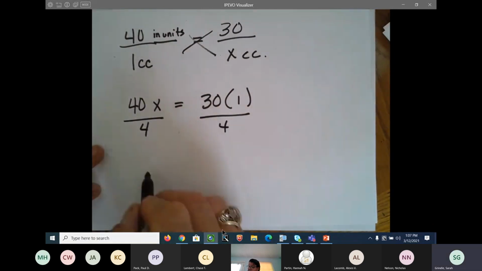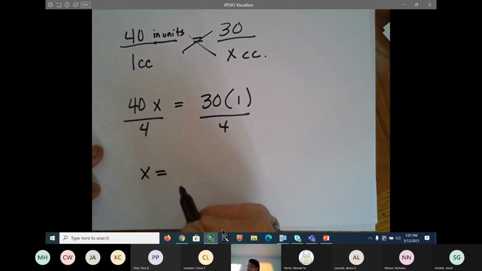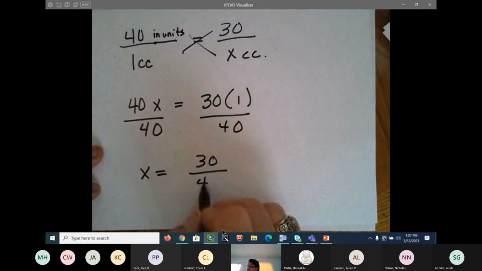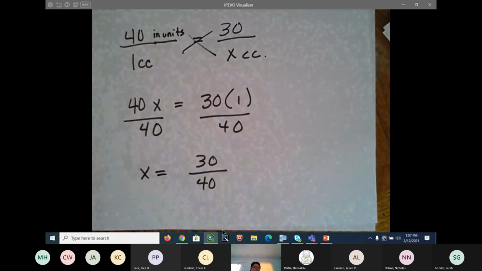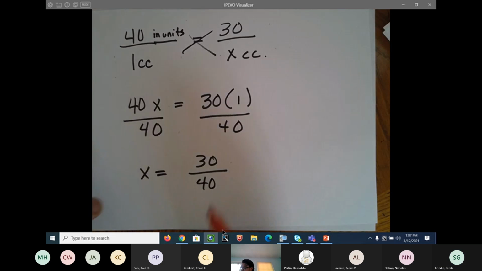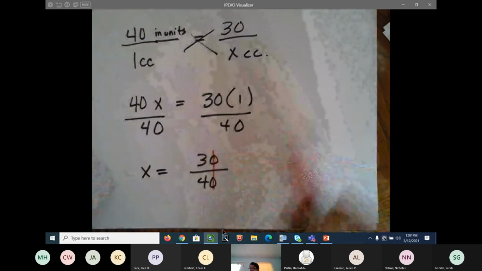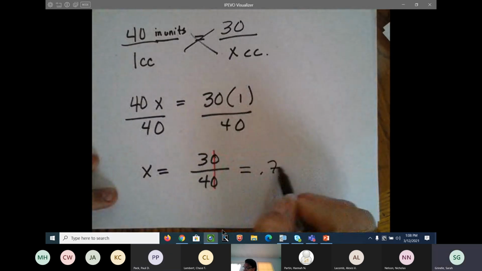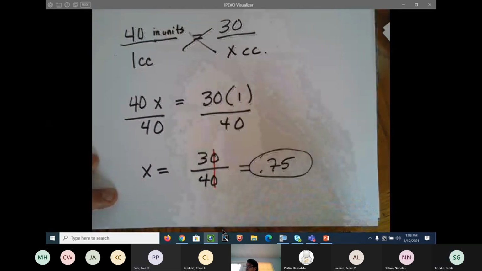You do not need a calculator for this. 30 divided by 40. What happens to the zeros? They cancel out. And somebody tell me how to write 3/4 as a decimal. 0.75. So your answer is 0.75.